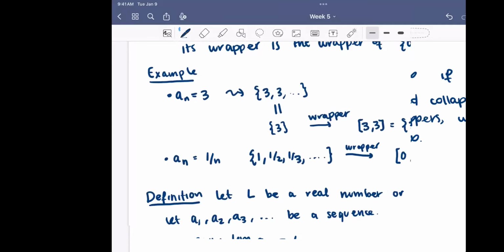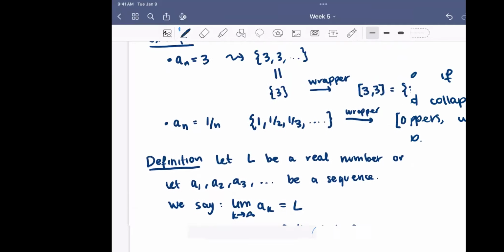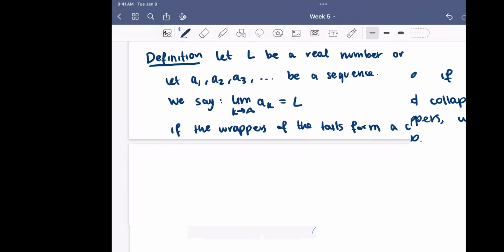And then that means that your limit would be equal to that value. By convention, there's also some language for this. If L is a real number, so just some finite number, then you say that the sequence converges.